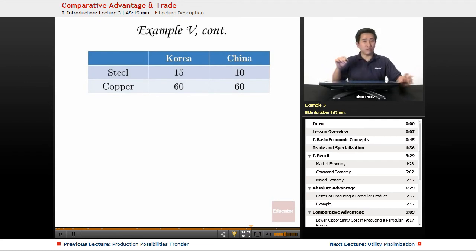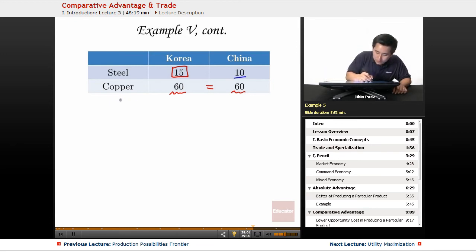But let's go ahead and cheat first here. Without doing any of the math, you see that Korea and China both make 60. So they can both make 60 here. So they are basically equal in making copper. But guess what? Korea is relatively better because they can make 15 units and China can make 10. So we can really stop right there and say, so blank has comparative advantage in making steel, and blank has comparative advantage in making copper.